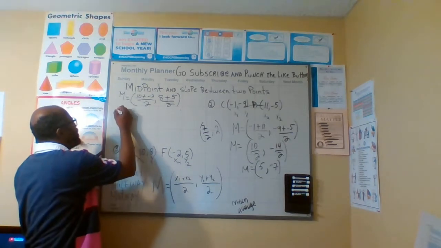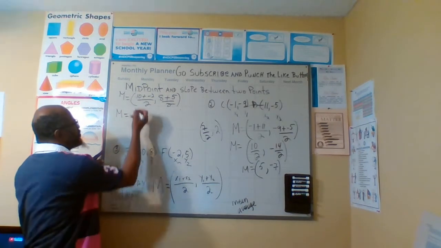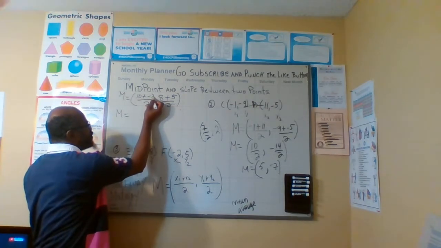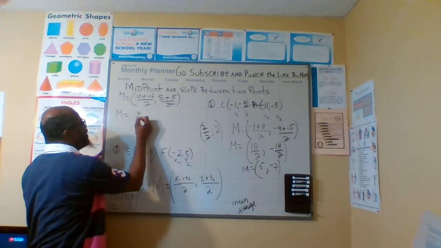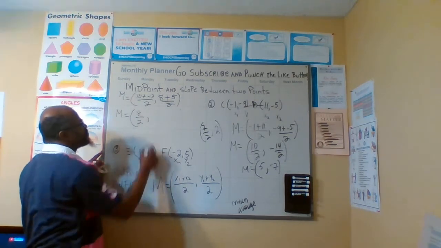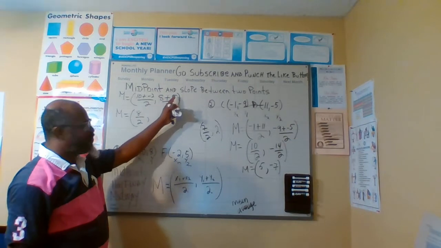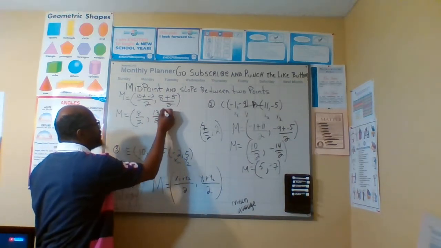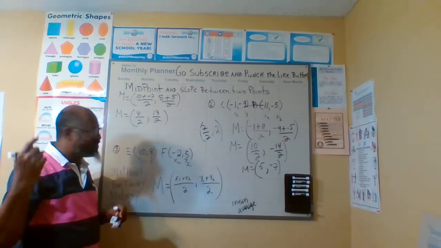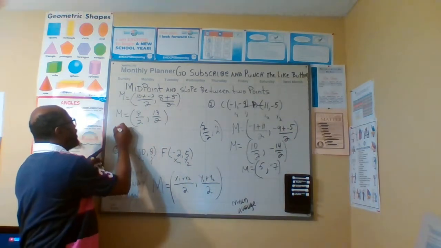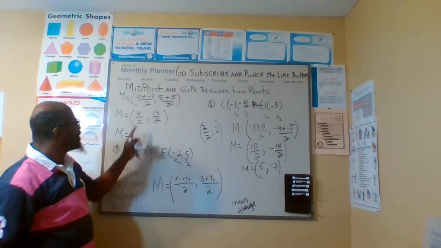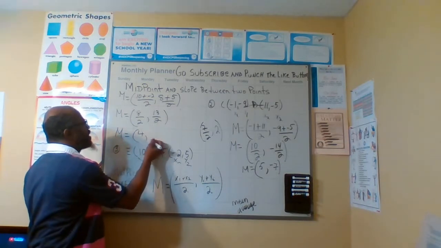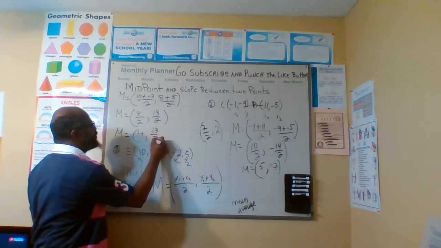And I will have M equal 10 plus negative 2. This is 10 take away 2, which gives me 8 over 2. And I have 8 plus 5, which is 13, divided by 2. And I will have to simplify it further.